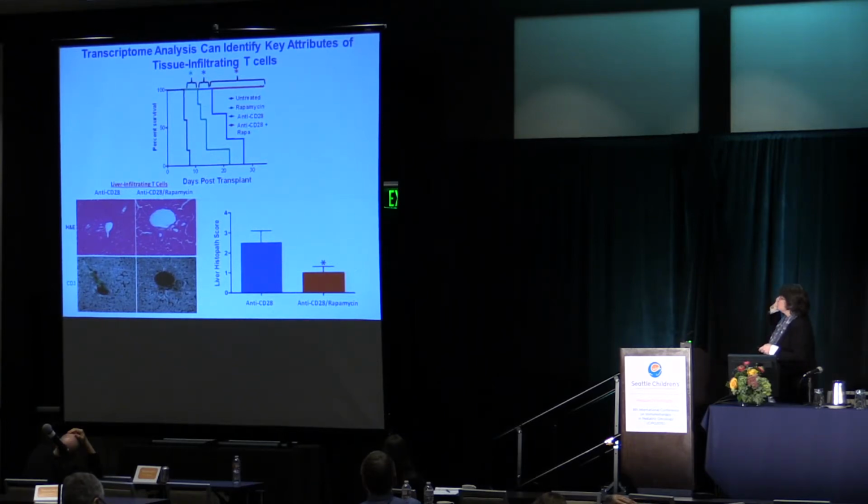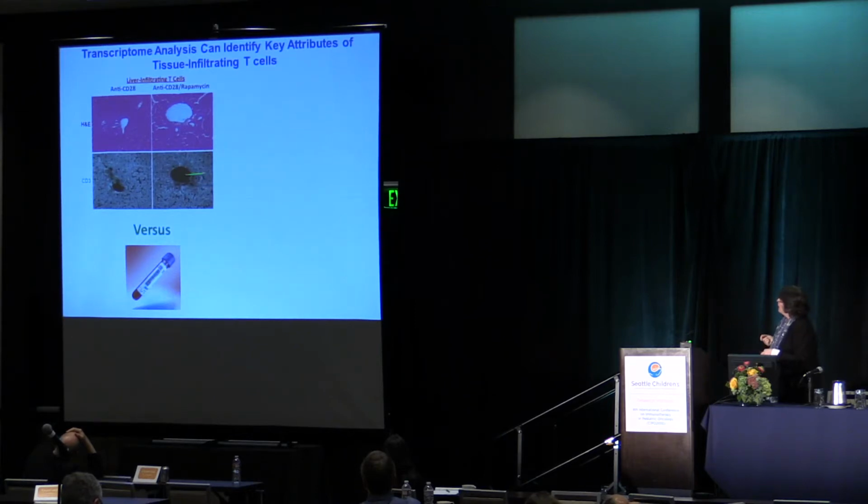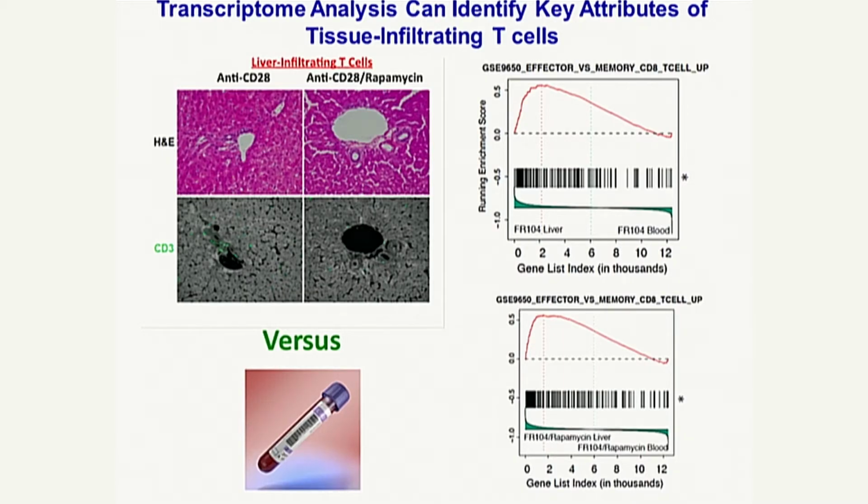And so we were able to not only get transcriptomes from the blood, but also from the organs in primates, and it's starting to allow us to get some insights into the mechanisms that drive T cells into tissues. And so the first thing we did was the comparison of T cells in the liver and in the blood to see what was different about these T cells. And what we find is that for both FR104 anti-CD28 alone and the anti-CD28 plus rapamycin, if you compare those T cells to what's in the blood, they're effector cells.